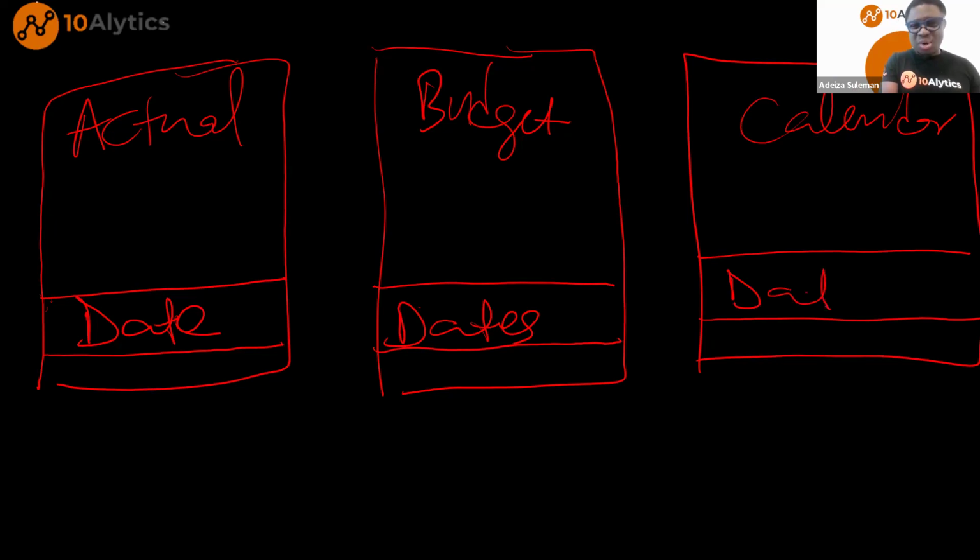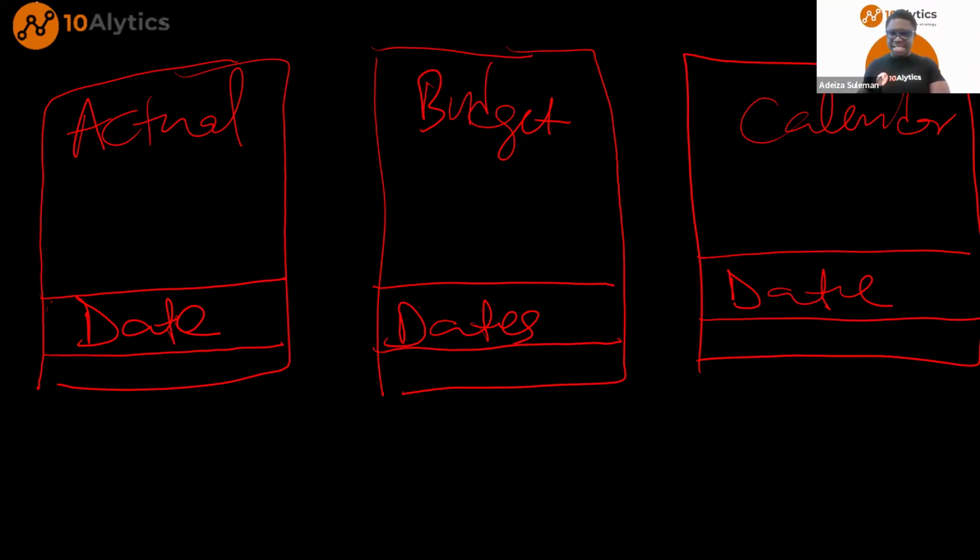So these columns are common across the three different tables. The actual has dates, the budget has dates, the calendar has dates. So having these three columns across the three different tables means they have something in common, and we can marry them together using that commonality.